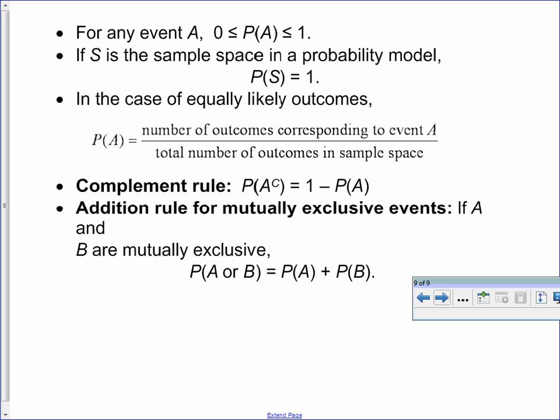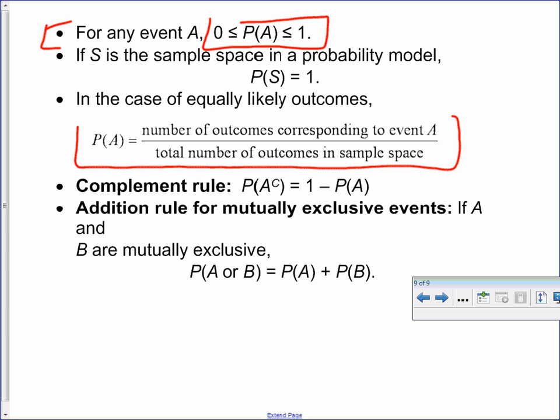Oh, it's here. So for any event, here's the summation again. For any event, the probability of A is always between 0 and 1. Here is that formula again: the number of outcomes corresponding to an event A divided by the total outcomes in the sample space.